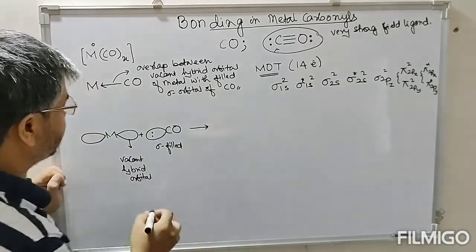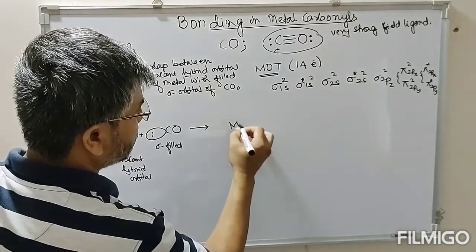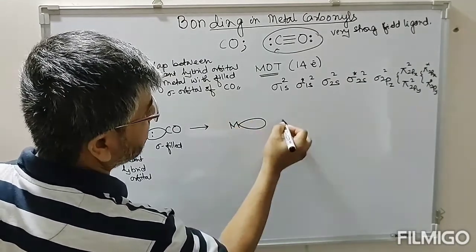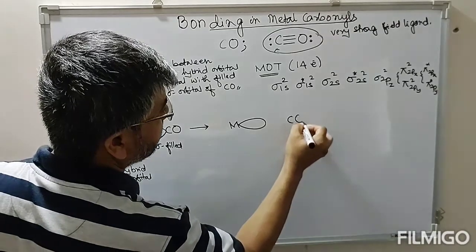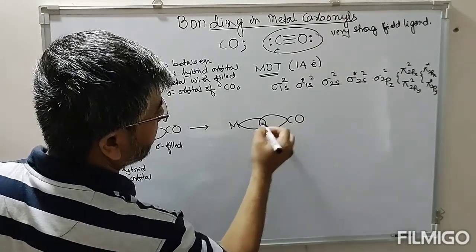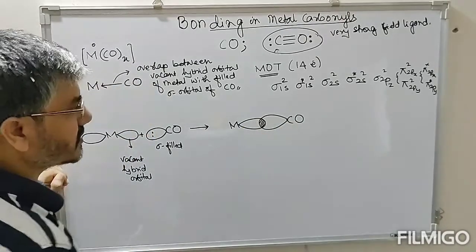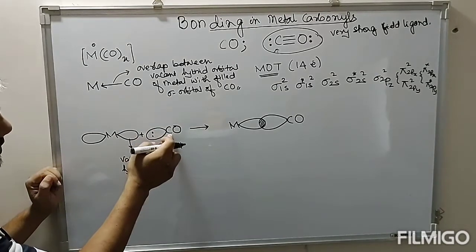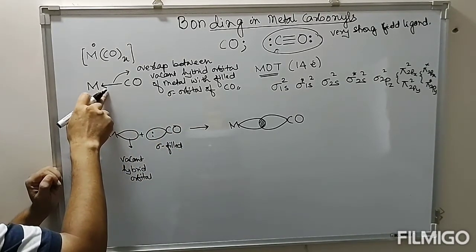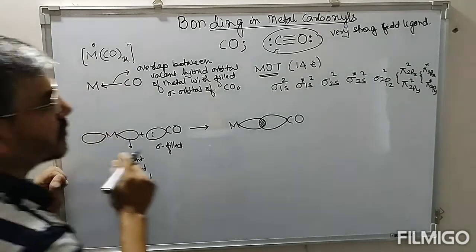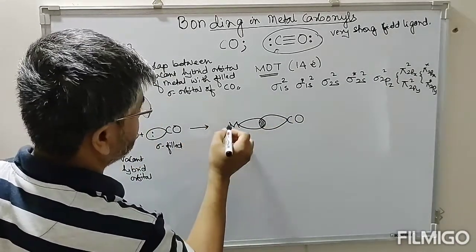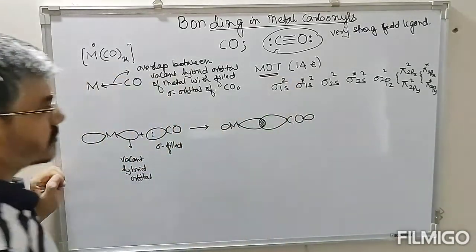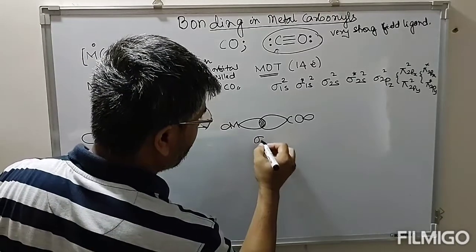When this overlaps, a sigma bond is formed. Since both electrons come from the ligand, this is a dative bond or coordinate bond.